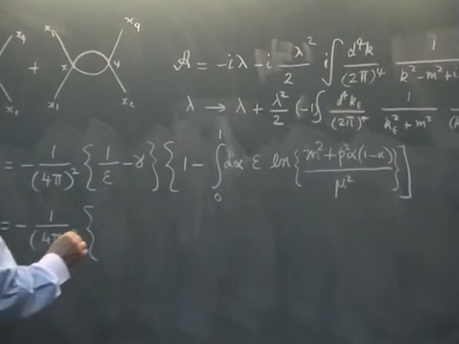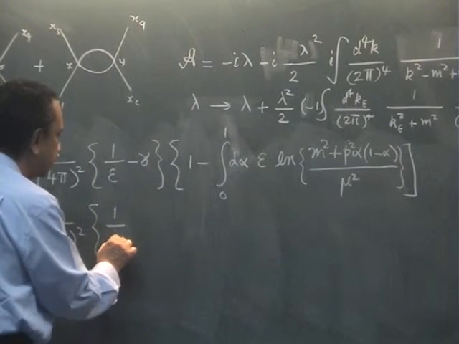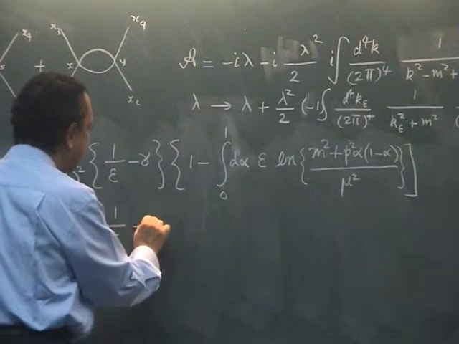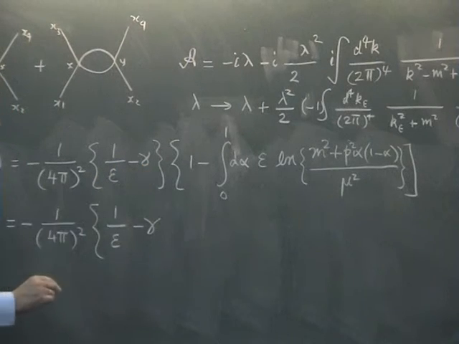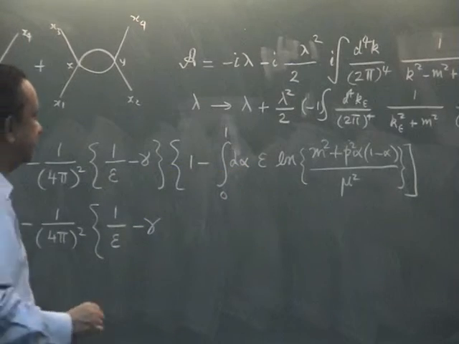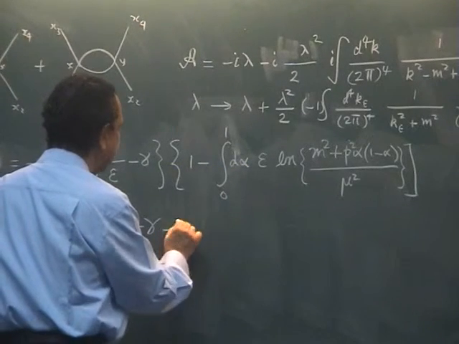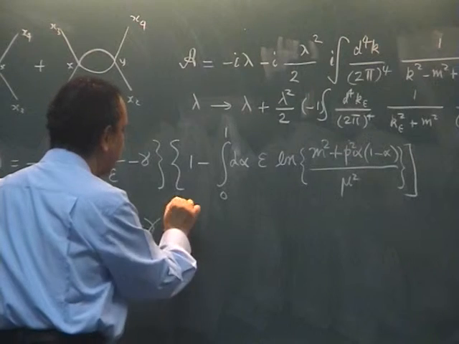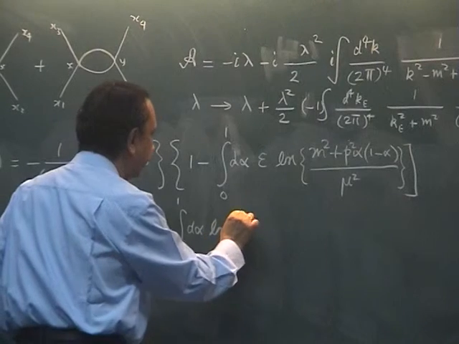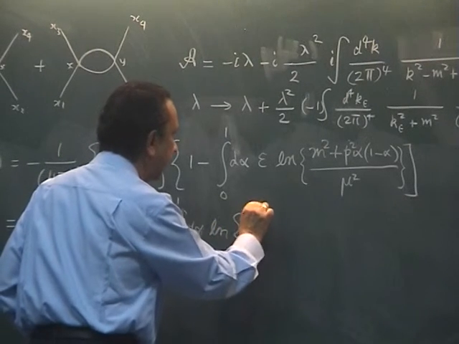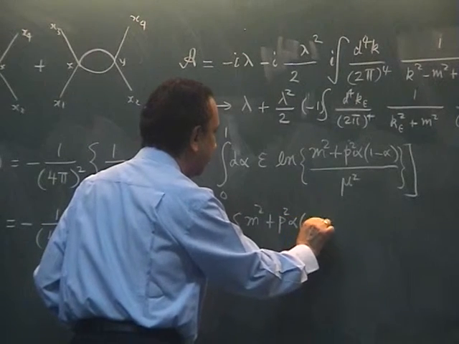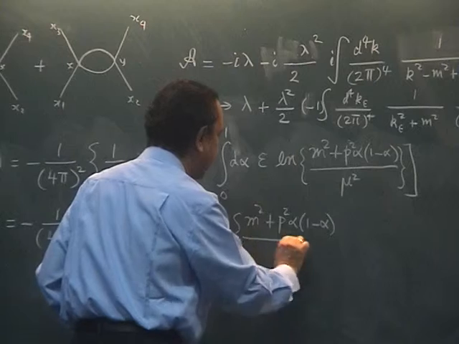So if I expand it out, I get a 1 over epsilon from the first term. Then I get a minus gamma multiplying these two together. Then I get epsilon and this. So that will be minus integral 0 to 1 d alpha log of m square plus p square alpha into 1 minus alpha divided by mu square.